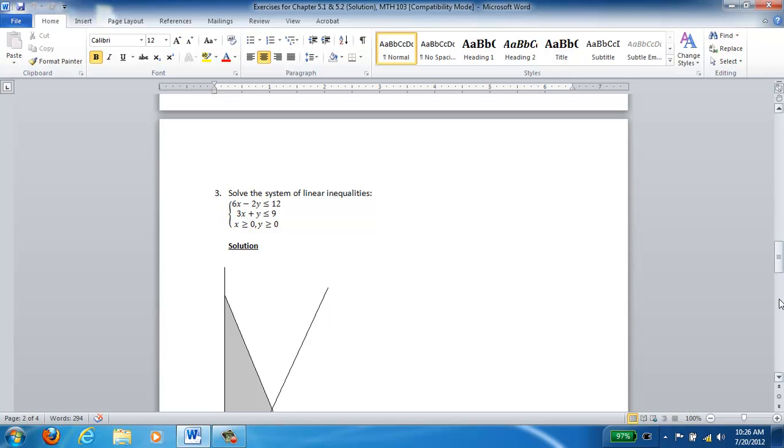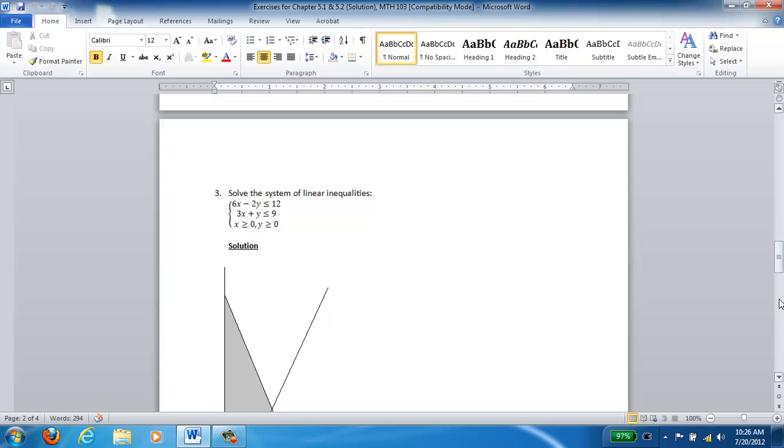For the 2, x greater than or equal to 0 and y greater than or equal to 0, the border regions for those are the y-axis and the x-axis respectively. So keep that in mind when looking at the solution.